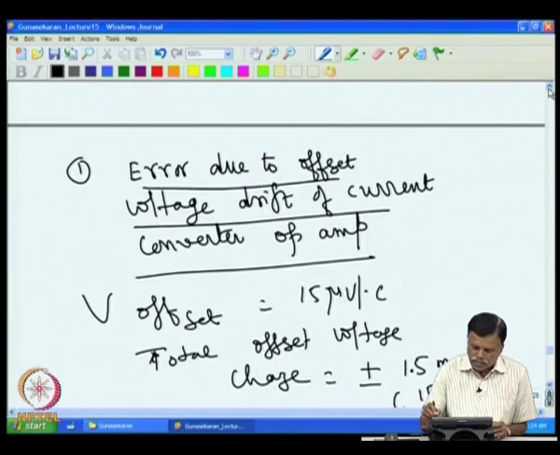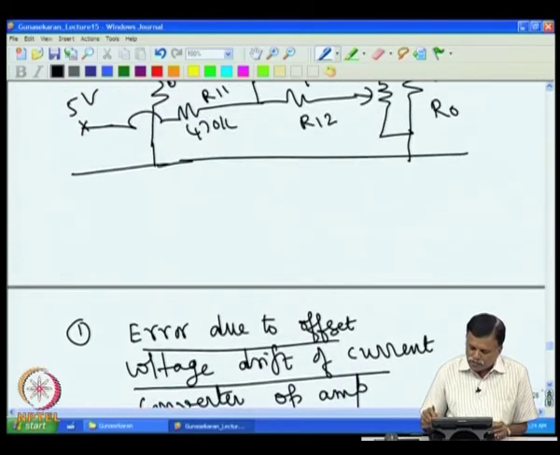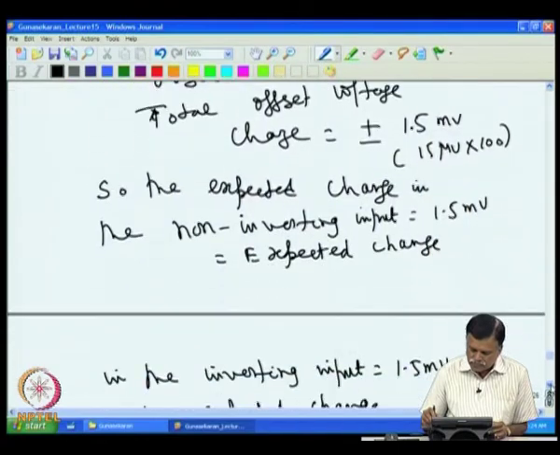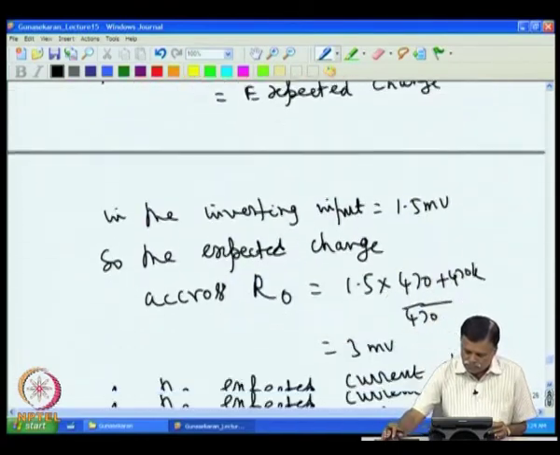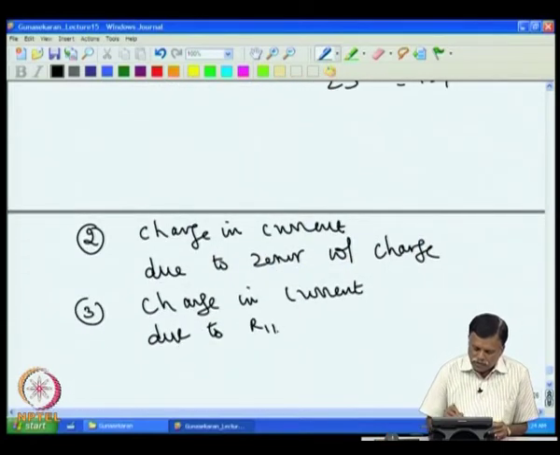I think it is R10 and R11 and R12 change. Due to R11, R12 change.